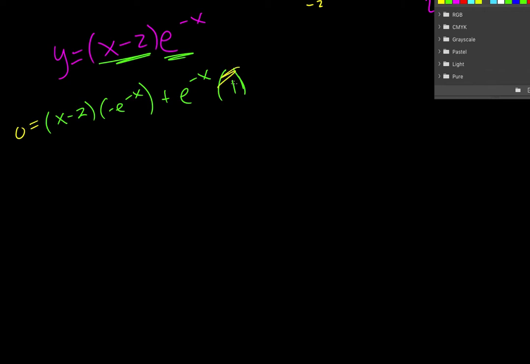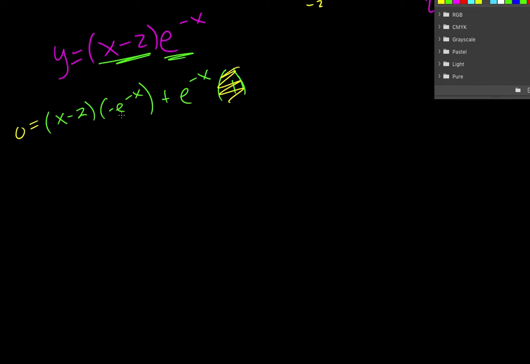So we don't really need that. I'm going to subtract this over here. So we get negative e to the negative x is equal to, actually, let's, I take that back. Okay, so in both of these we have e to the negative x.